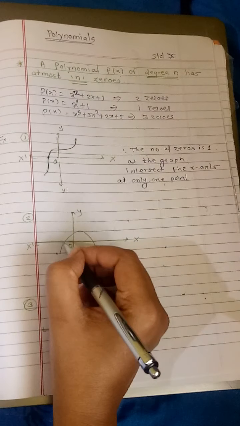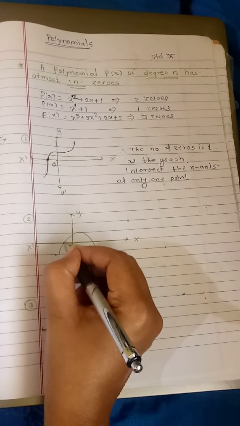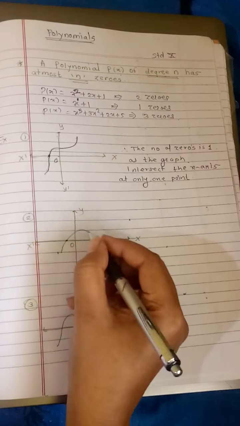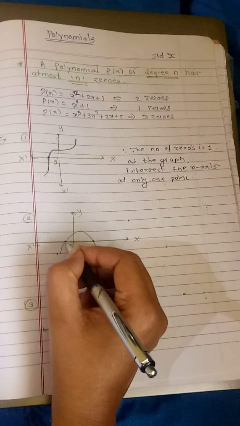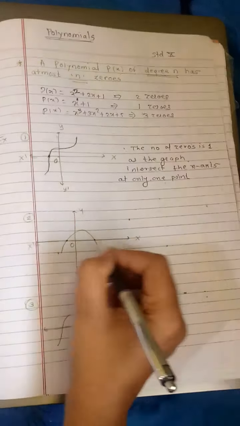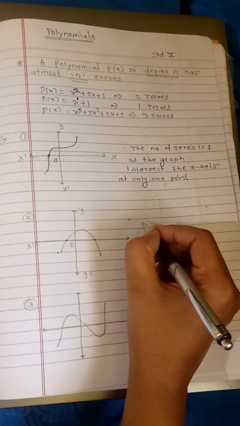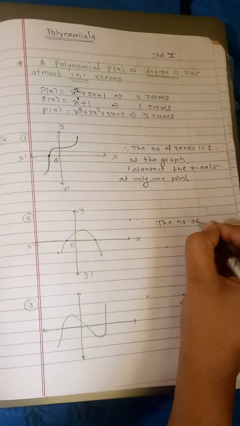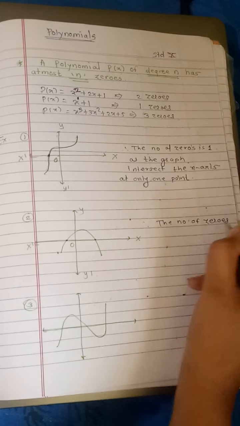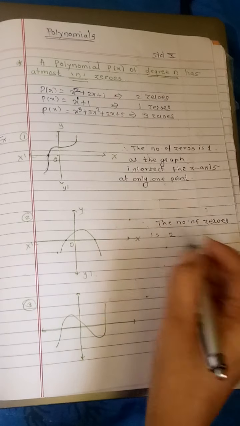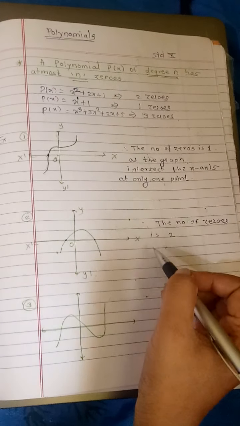This parabola intersects the x-axis at 2 points, so the number of zeros is 2.